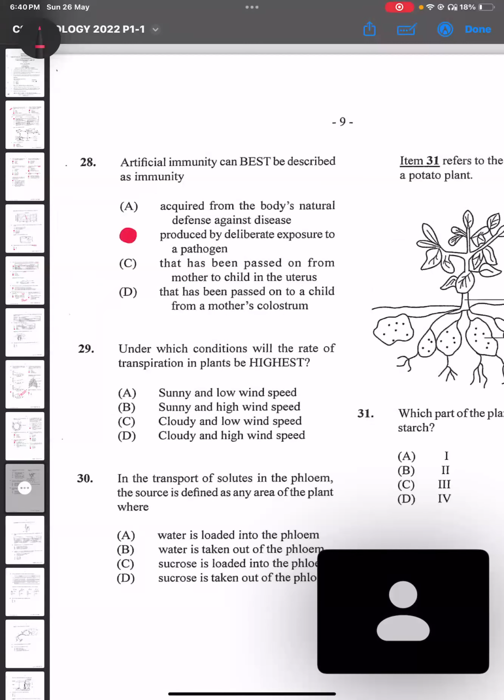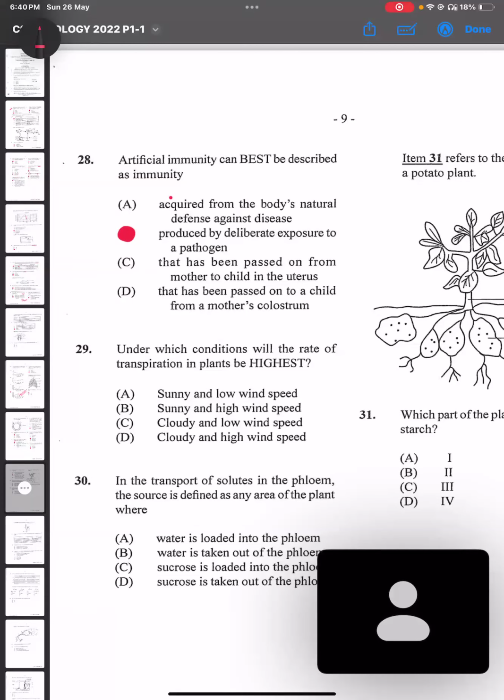And if they had asked about natural immunity, what would it have been? A. If they asked about natural acquired immunity, what would it have been? D, because it is passed on in the mother's colostrum. So if they ask you any of those, you can answer it.